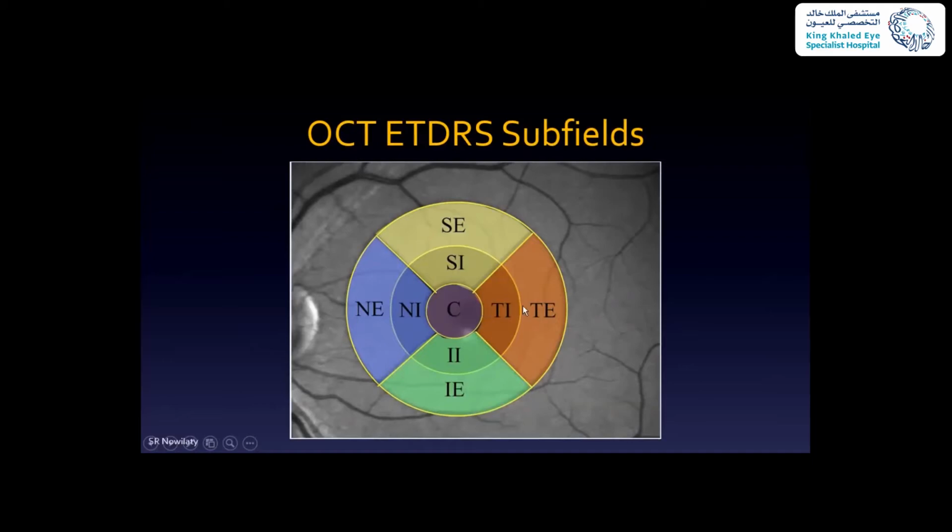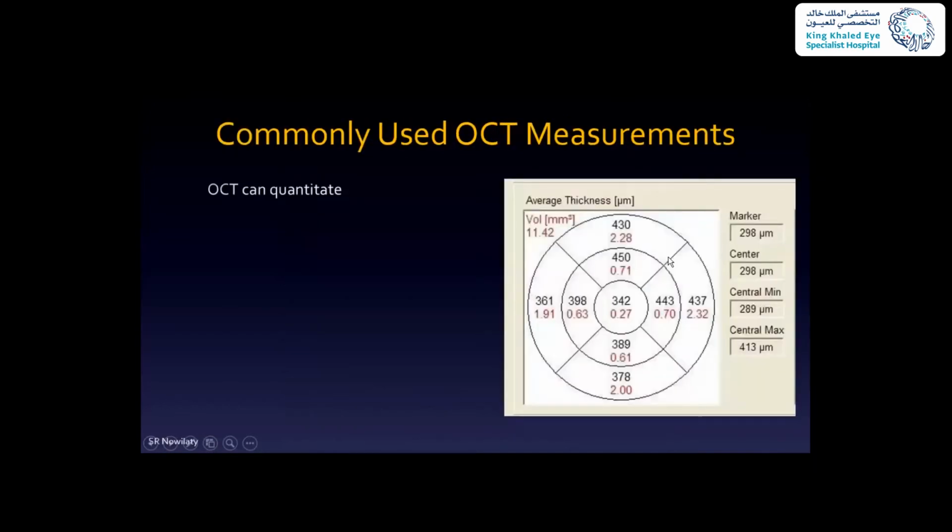This circle from here to here has a diameter of 3 millimeters. So 1 millimeter, 2 millimeter, and 3 millimeter. And here, at the edge of the circle, it has a diameter of 6 millimeters. Remember, we're doing 6x6 scans, so basically 6 millimeters. The machine will give you a good idea of the thickness and the volume of each of these areas.